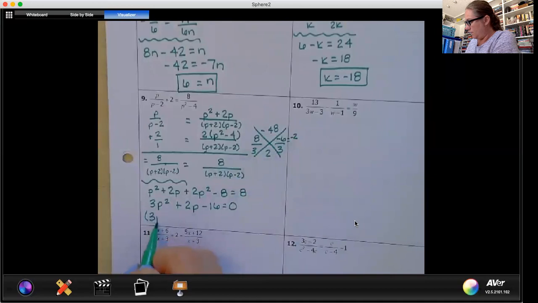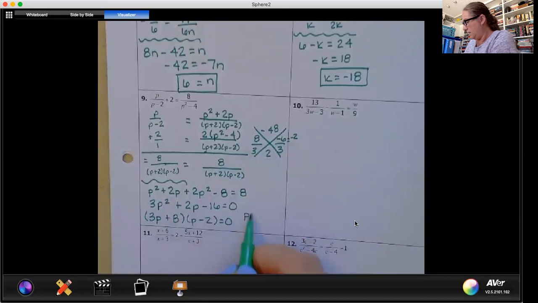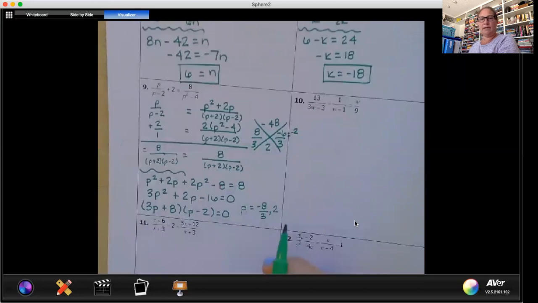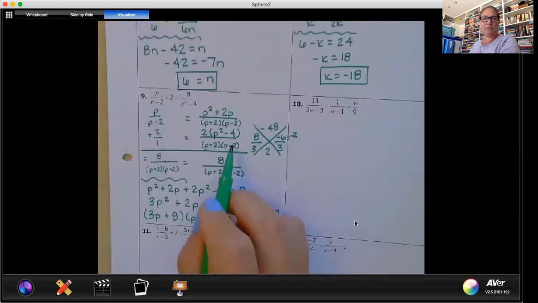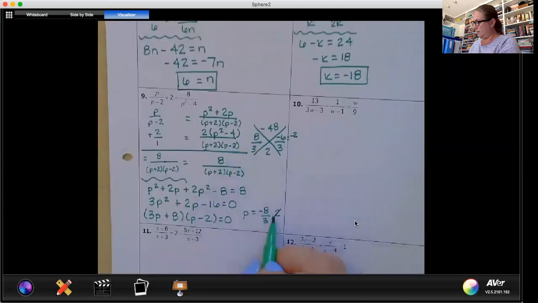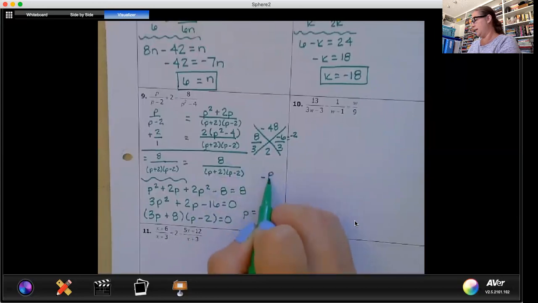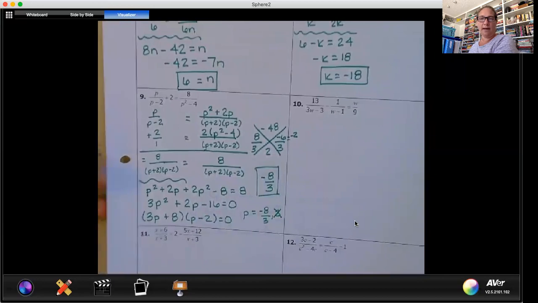So we have 3p plus 8 and p minus 2 equals 0. P is negative 8 thirds and positive 2. And as we can see, if we plug a positive 2 in, we get a 0 in the denominator. So our answer is negative 8 thirds. So that's how you would accommodate that if necessary.